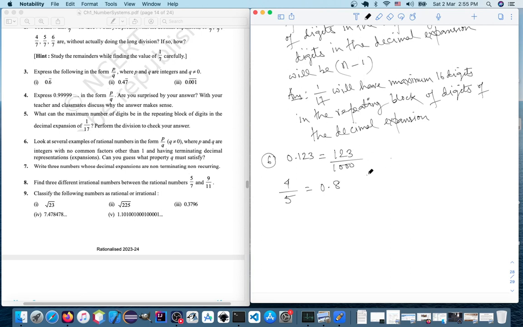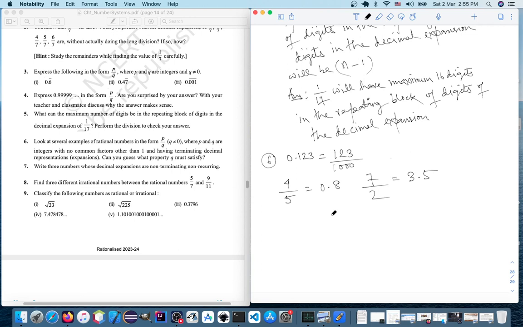We can also have 7 by 2. This is 3.5. This also has a terminating decimal, and 7 and 2 do not have any common factor. What else can we have? Can we have 3 as q?